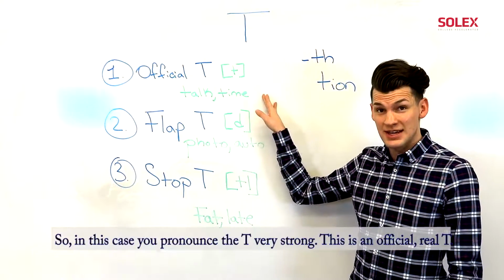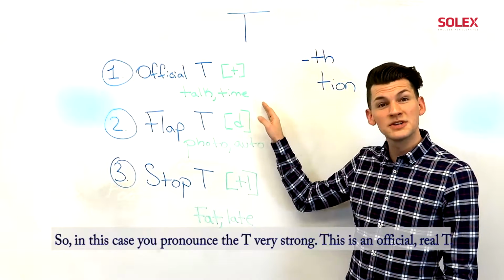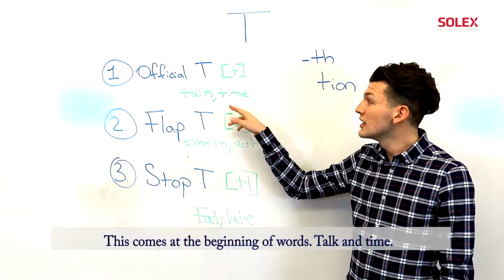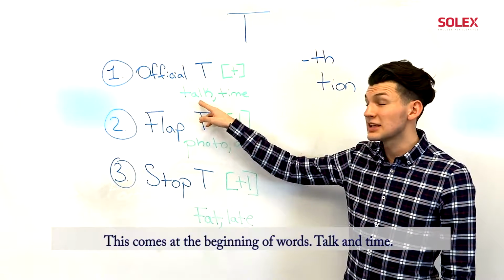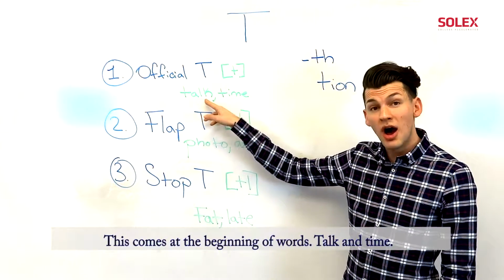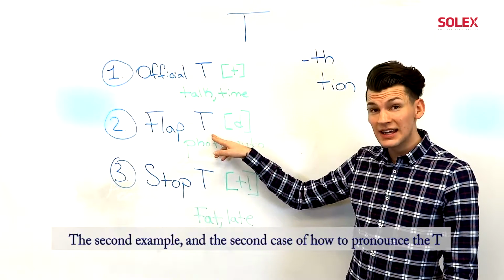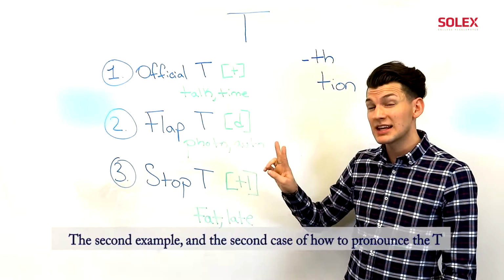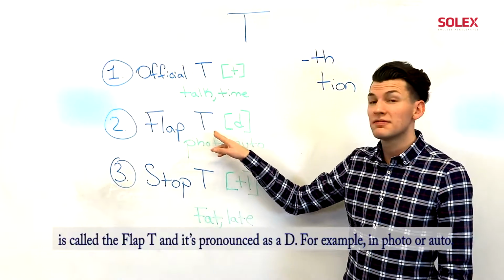So, in this case, you pronounce the T very strong. This is an official real T. This comes at the beginning of words. Talk and time.